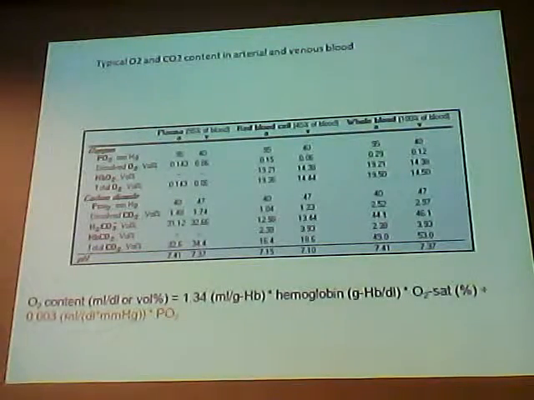There is this equation for solving what the oxygen content is that I would put on the cheat sheet. O2 content in milliliters per deciliter, or volume percentage, equals 1.34 times the hemoglobin concentration times the O2 saturation.